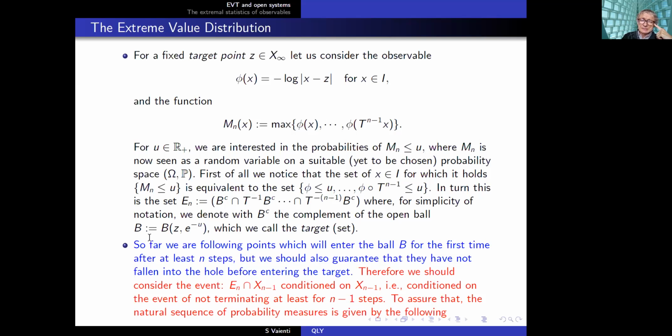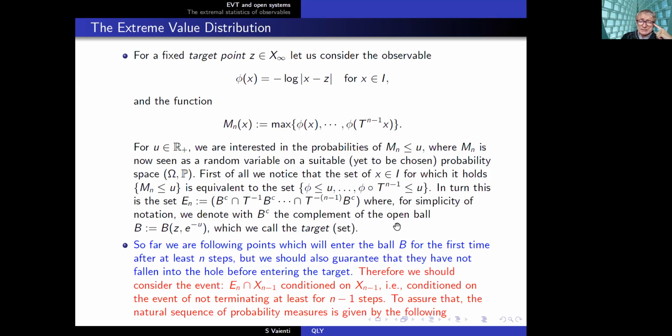The target set is a ball around a point Z. The point Z is on the surviving set, so it makes sense for a point during the orbit to jump into this set, because this set is constructed around a point which is forever on the invariant, surviving set. This is usually the observable which people introduce when they want to study the distribution of the first entrance into the target set, which is this ball.